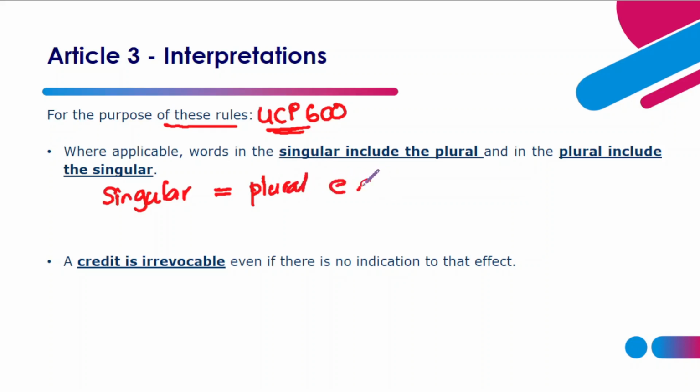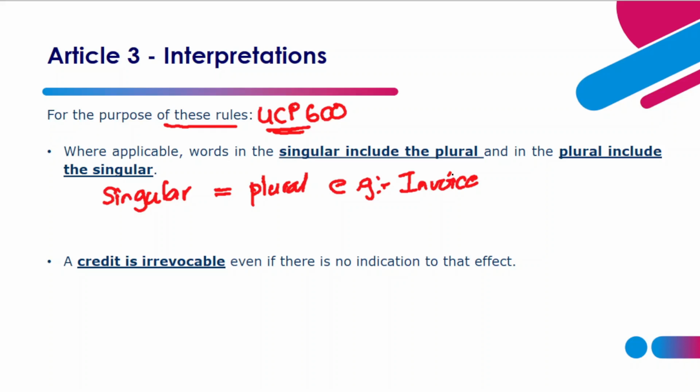Let's say, for example, the article talks about a date or an amount being mentioned in an invoice. Here the article will just say invoice in the singular form.